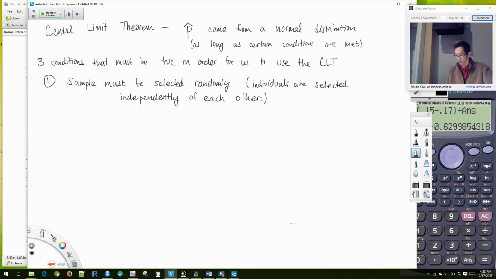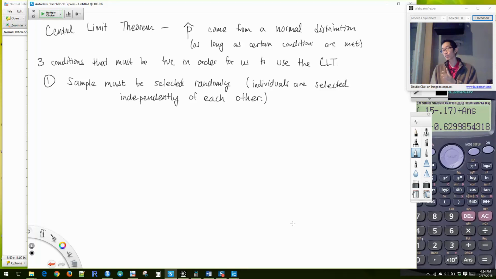What we mean by being selected independently of each other is that when one person is selected, it has no influence on whether another person gets selected or not. If we're talking about married couples, if people are selected independently, then one person being selected neither increases nor decreases the probability that the spouse is selected.